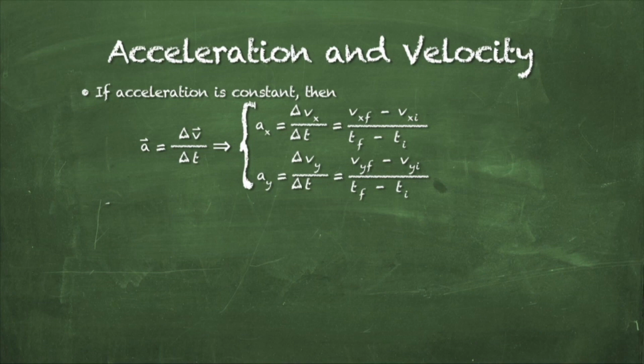So expanding that out a little bit, let's get rid of that delta and let's get to what we really mean by change. And we have acceleration in the x direction is equal to the final velocity in the x direction, or v sub x final, meaning at the end of our interval. The final velocity is the velocity at the final time.